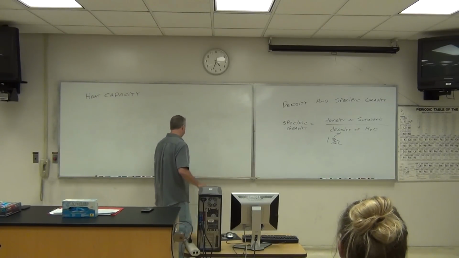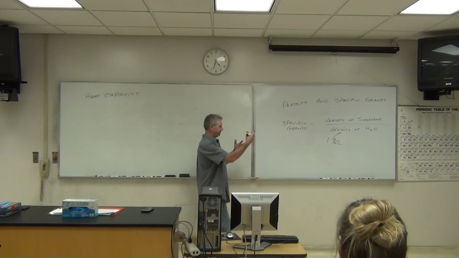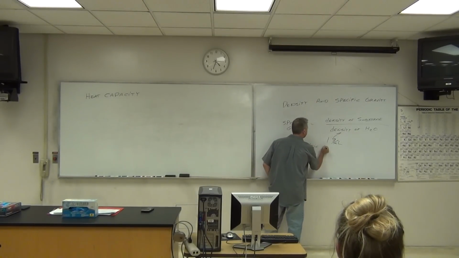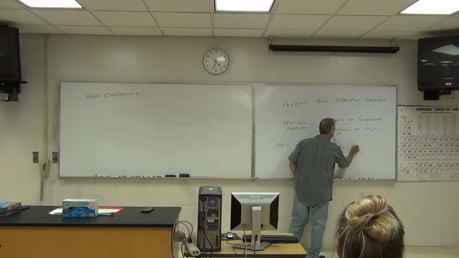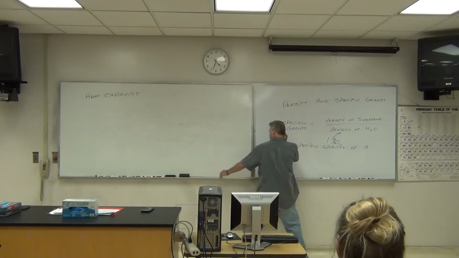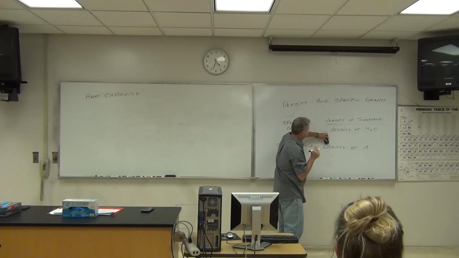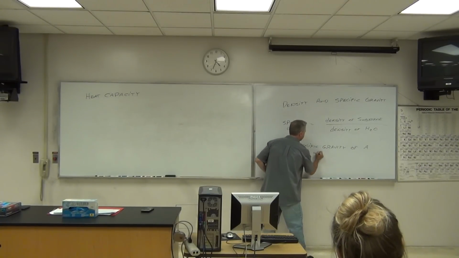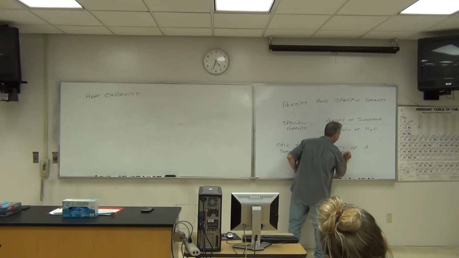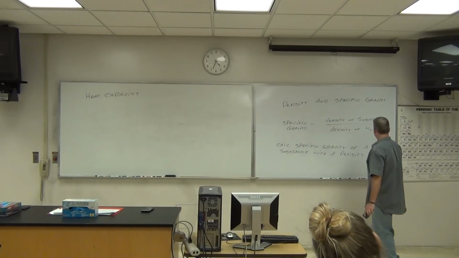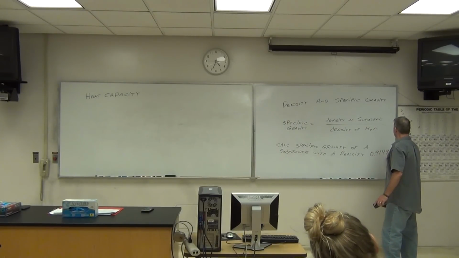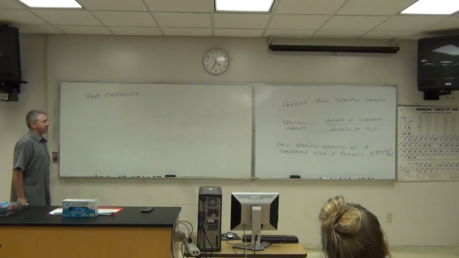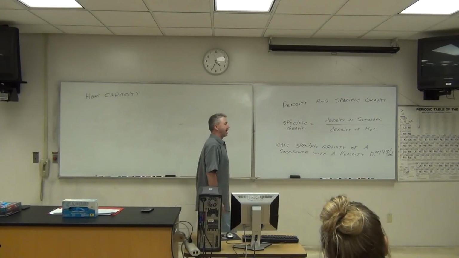So if we were to calculate the specific gravity of a particular substance, let's say that we wanted to know the specific gravity of a substance that had a density of 0.914 grams per mil.